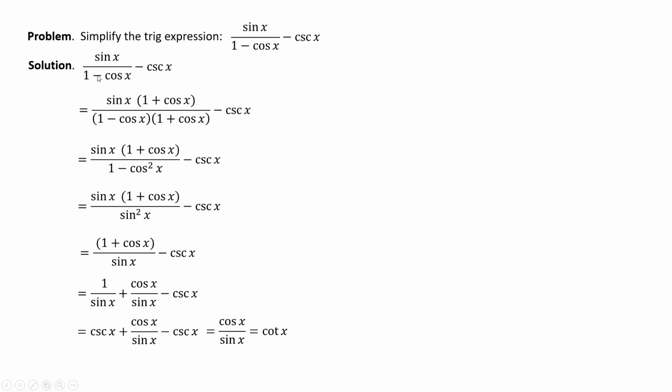In mathematics, when we put equal signs and say A equals B equals C equals D equals E, then A must be equal to E. We have a chain of equals here, so that means the very first expression that I see here must be equal to this very final expression over here. So that is the simplification. Would you have ever thought that this whole complicated looking thing is just equal to cotangent x?